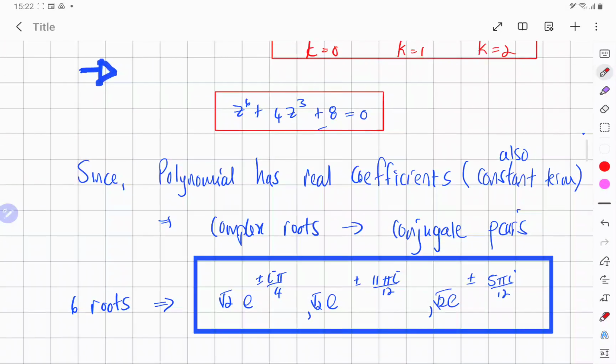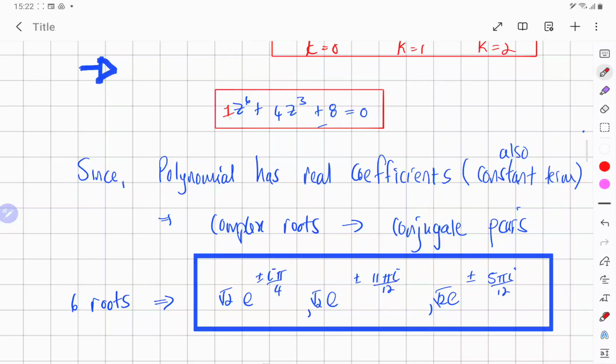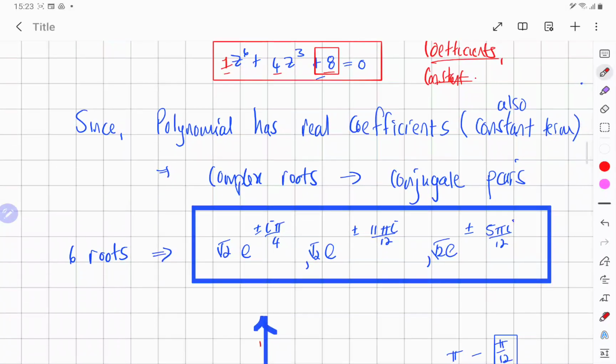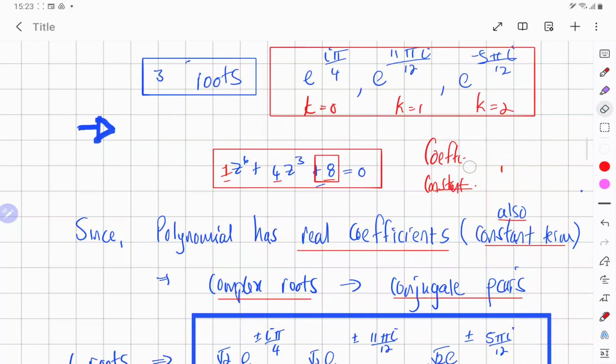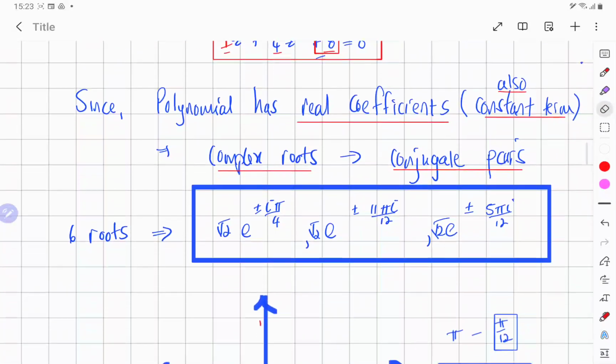Now, very important, I hope you can all see that my coefficients and my constant are all real values. A polynomial which has real coefficients including the constant term will have, if it has complex roots, them in conjugate pairs. So, let's go back to our roots.